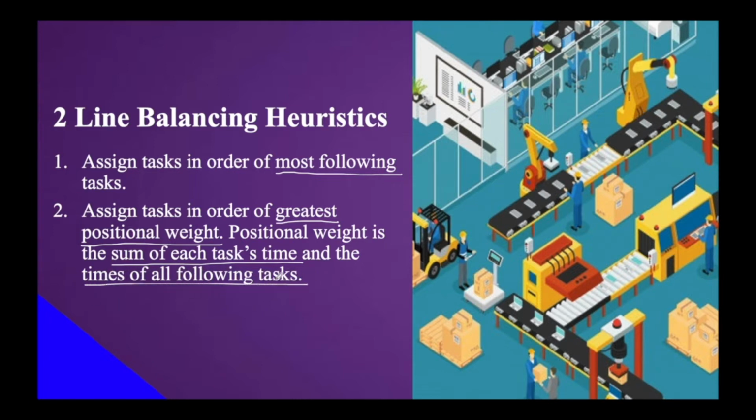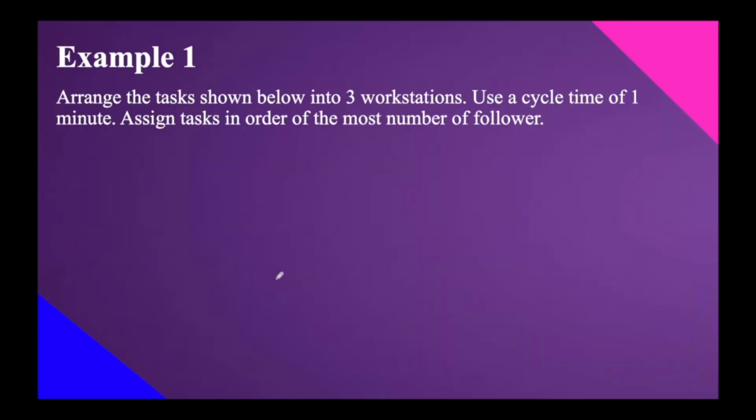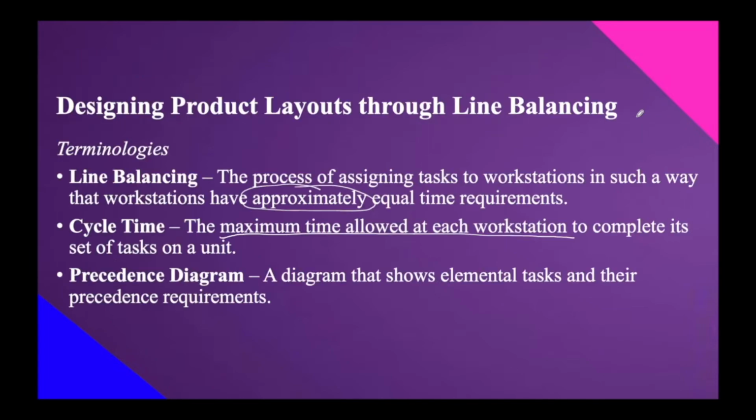Okay, so for you to be able to understand this topic more, let's have an example here. So, for the example, arrange the tasks shown below into 3 workstations. So, we should come up with 3 workstations. Use a cycle time of 1 minute. Okay? Again, by definition, cycle time is the maximum time allowed at each workstation to complete its set of tasks on a unit.